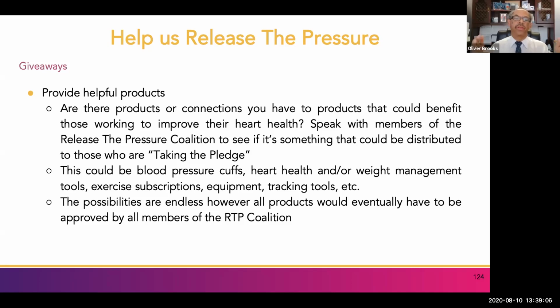These are things that you can develop yourself: videos, written materials, blood pressure cuffs, sustain heart health, weight management tools. Advocate, for example, like in California, Medi-Cal will pay for automated home blood pressure monitors. So get that information out. Next slide.